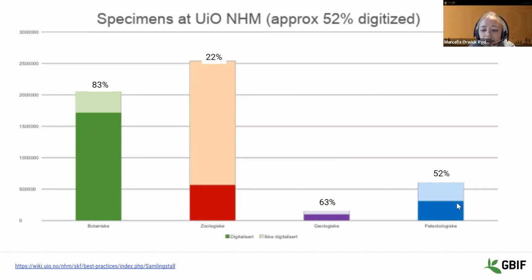But then again, 63% of our geological collections, which are less interesting for BioDT, but are overall extremely interesting for the natural history museums and understanding the world's diversity in general, as well as about 50% of our paleontological collections. So this is a big effort on our part to be pushing this, and this is a continued thing that we're working quite hard on at the museum.